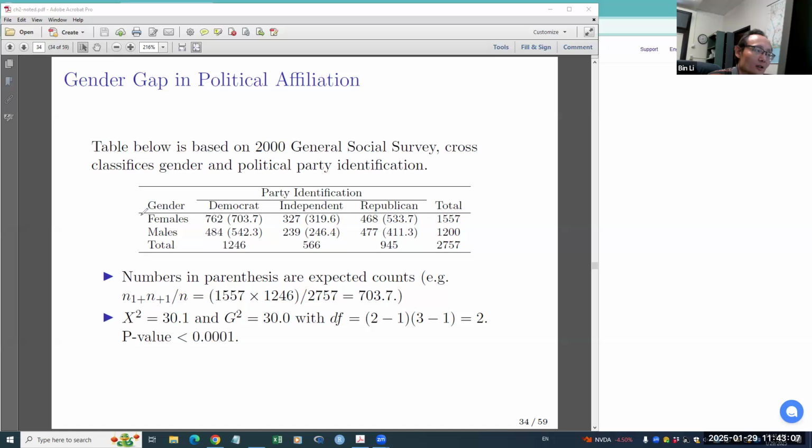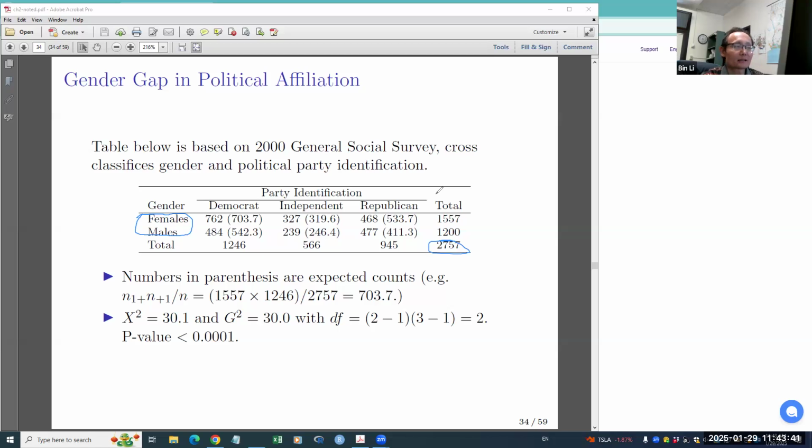We have 2 rows for gender, female and male, but 3 columns for party identification: Democratic, Independent, and Republican. The total sample size is 2,757.